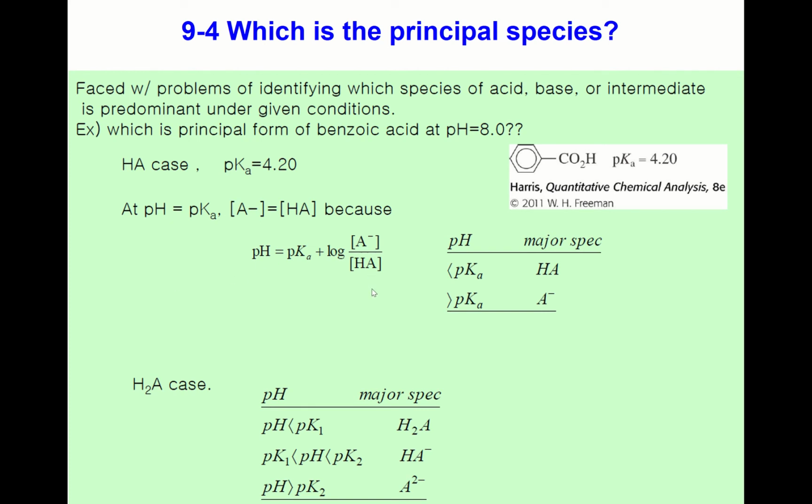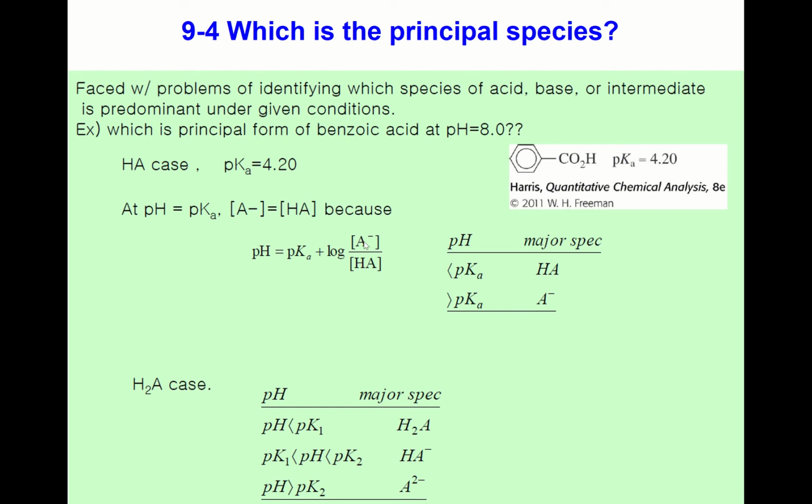When pH equals pKa, this ratio must be 1. That means the concentration of HA is equal to the concentration of A minus.